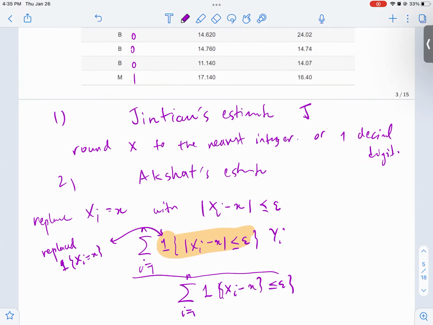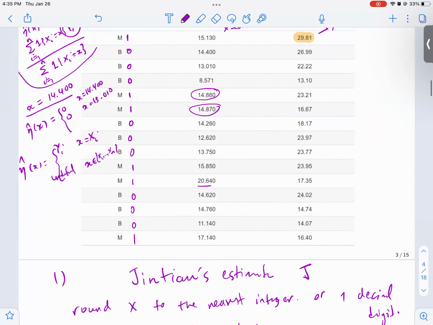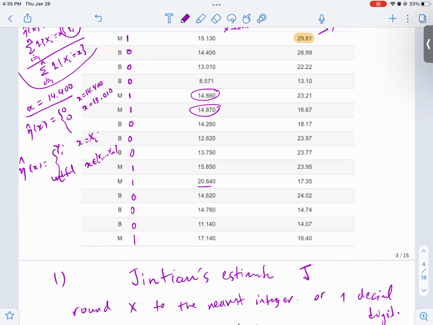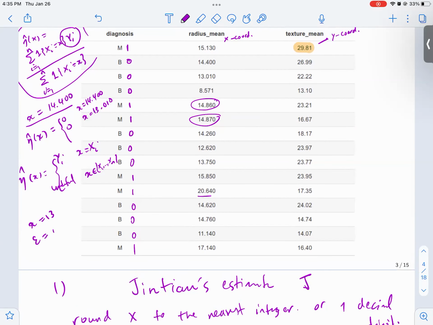So this is just going to select all the rows that are within, like if I give you x, which is, let's say, 13, and epsilon is, let's say, 0.5, I'm going to look at all the xi's that are within 0.5 of it, so xi's between 12.5 and 13.5.